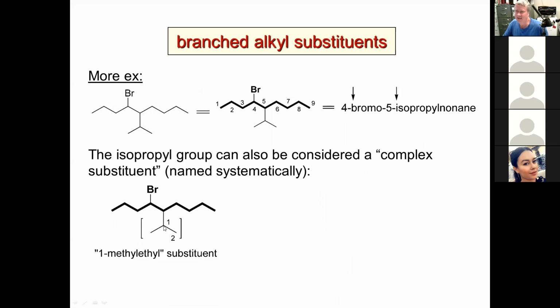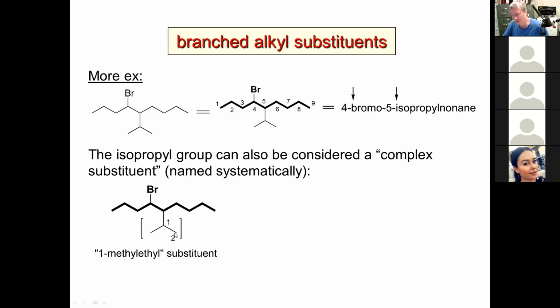And I want to name the isopropyl group systematically itself, because sometimes we use the word isopropyl, but sometimes we want to show it as its own little fragment that we name systematically. So what I'm doing here is numbering carbons 1 and 2 off, it's part of the isopropyl group. It's carbons 1 and 2.